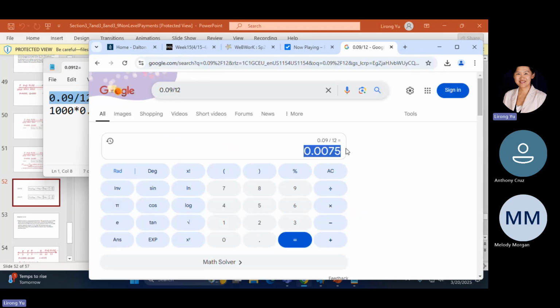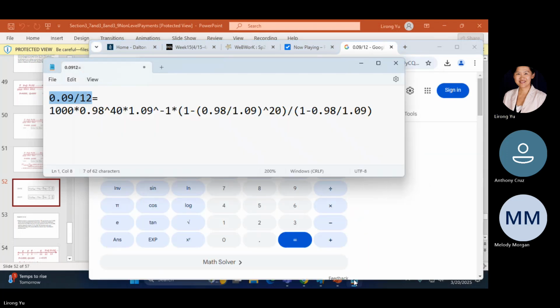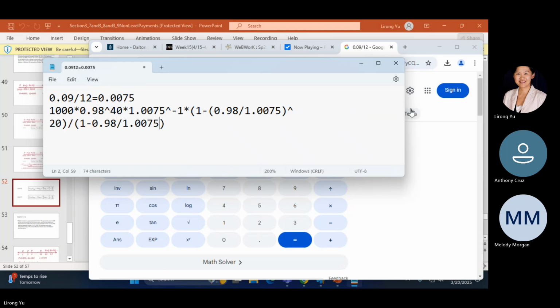That's the i. So it's actually 1.0075. That's all the V that has to be changed because the i is changing. And that should be everything we need to consider.